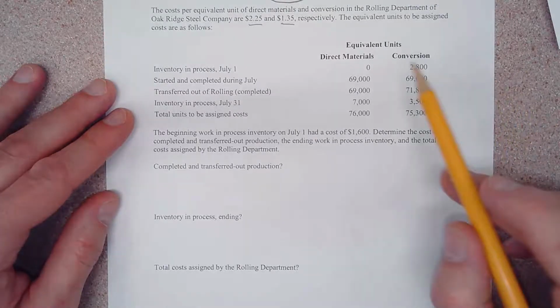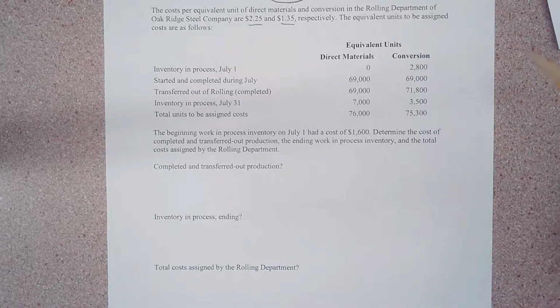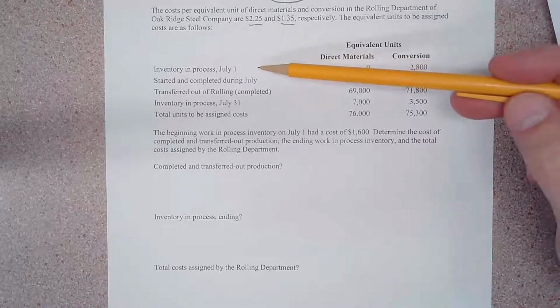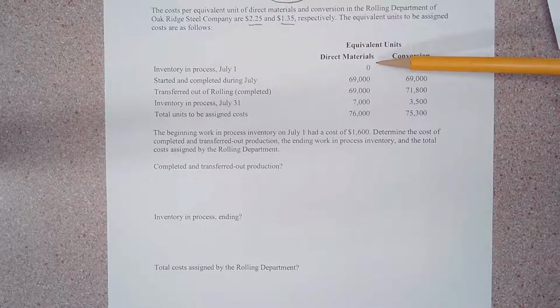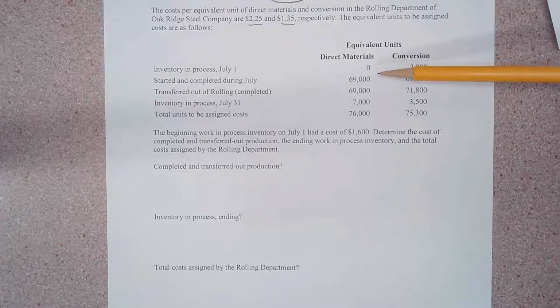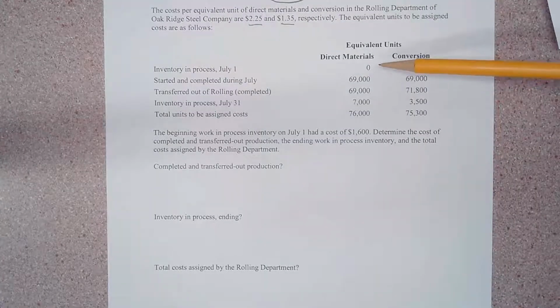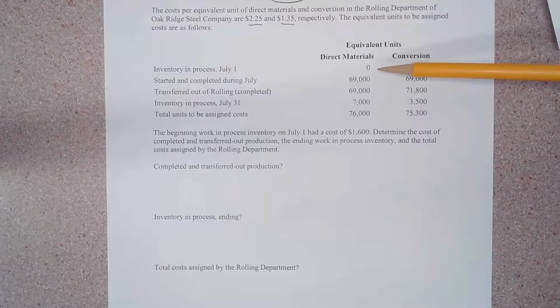It says the equivalent units to be assigned costs are as follows. When we look here, inventory and process, all of the questions that you're going to receive are going to be questions where direct materials are added at the beginning of the process. And we're going to be using first in, first out inventory flow assumption.